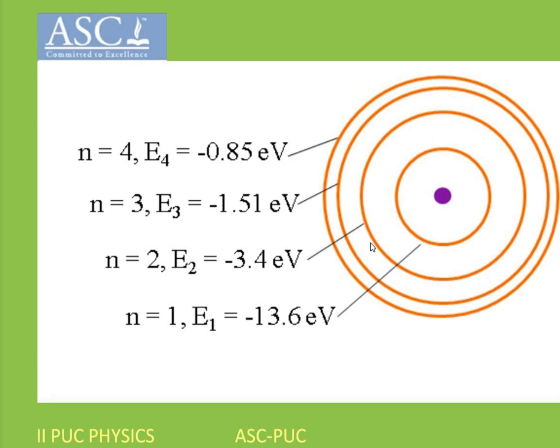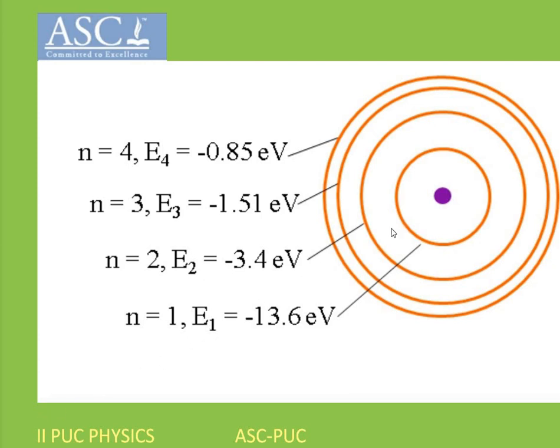What does it mean? This electron, which is revolving in the second stable orbit, can also revolve in the first stable orbit by losing its energy. The energy difference that is lost is emitted in the form of a photon.